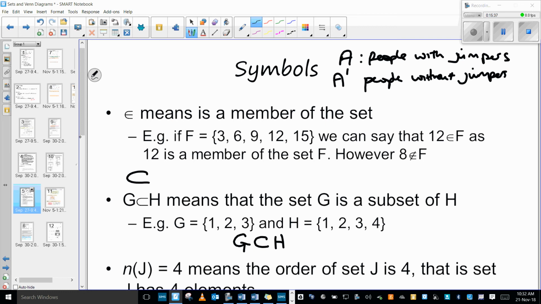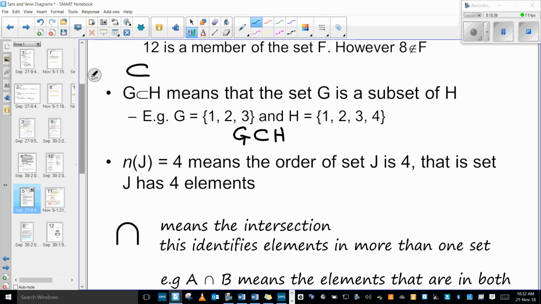Now this little n creeps in and people forget about it, because I mention it and it goes in one ear and out the other. This is important stuff and it comes up a lot. If you see a little n with a bracket, an n in front of something is asking how many elements are in that set. It's not asking you to list them or describe them.